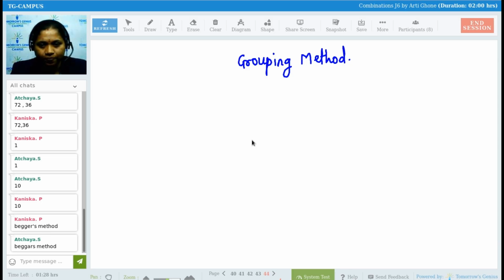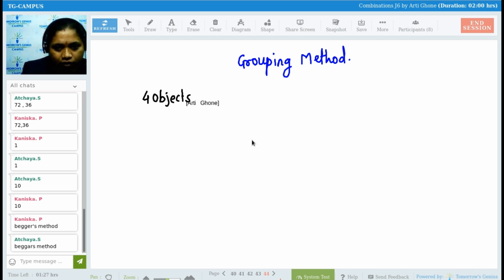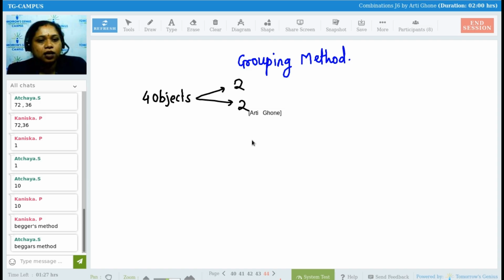If I have 10 objects, first I'll take 4. If I have 4 objects and I have to divide them into 2 groups only, so what will be the result? Obviously 2, 2. So this can be done in how many ways?